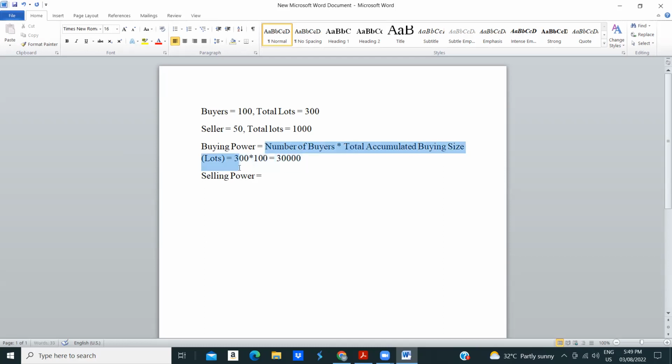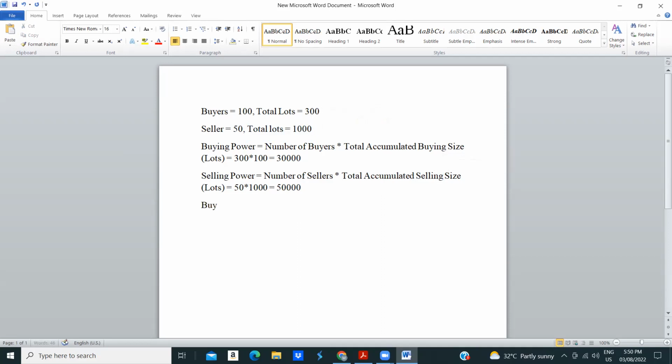We have the number of sellers as 50, and the total accumulated selling size is equal to total lots, that is 1000. So 50 times 1000 gives you 50,000.